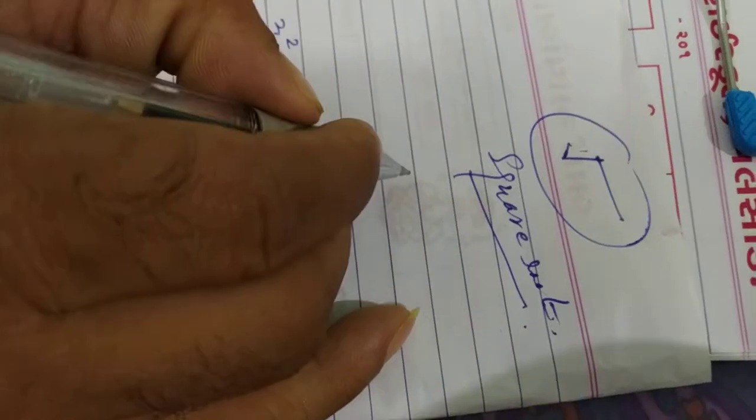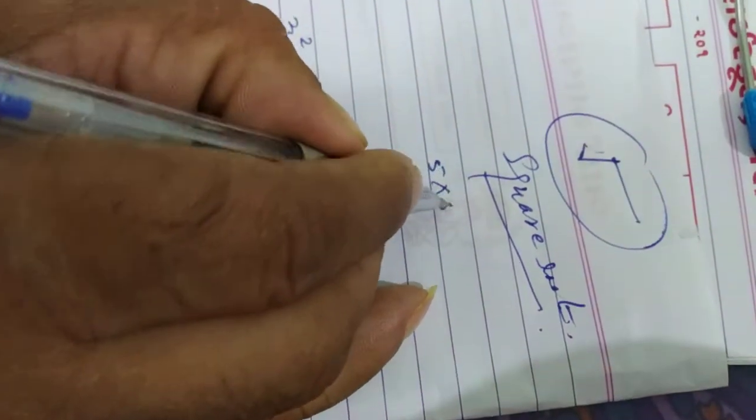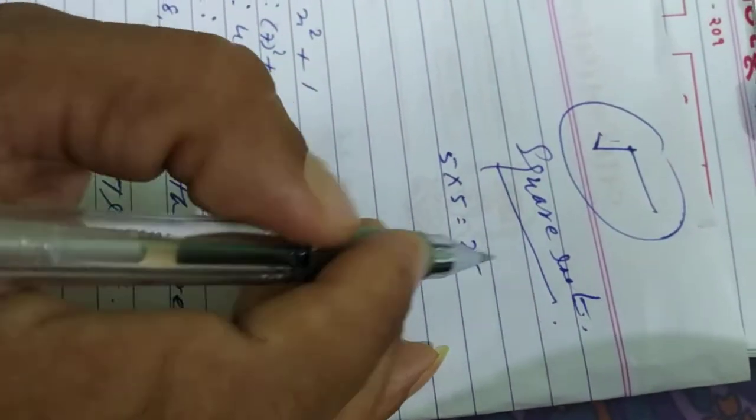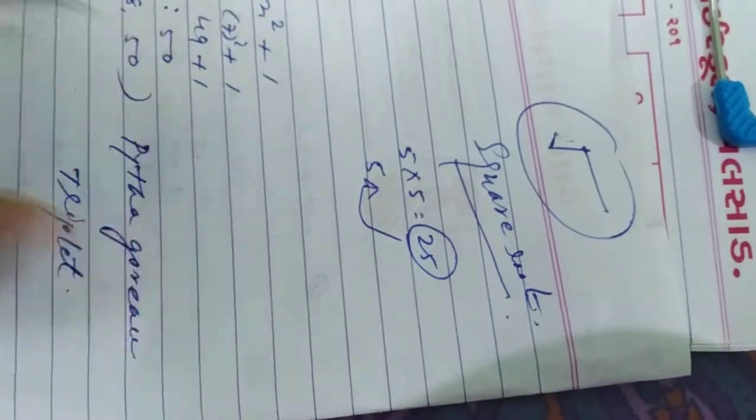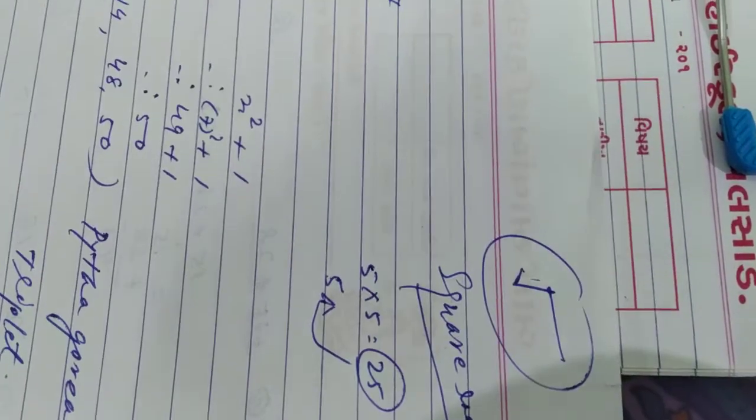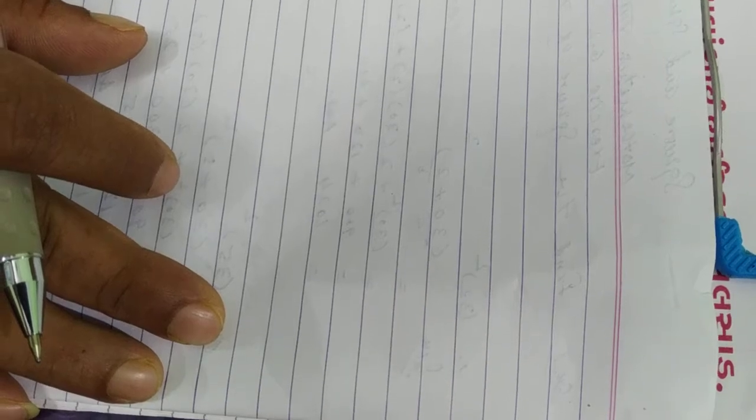Suppose 5 multiplied by 5 is 25. So the square root of the given number is 5. So it's the inverse process. Understood? So there are two different methods to find square root: the prime factorization method as well as the division method, right?